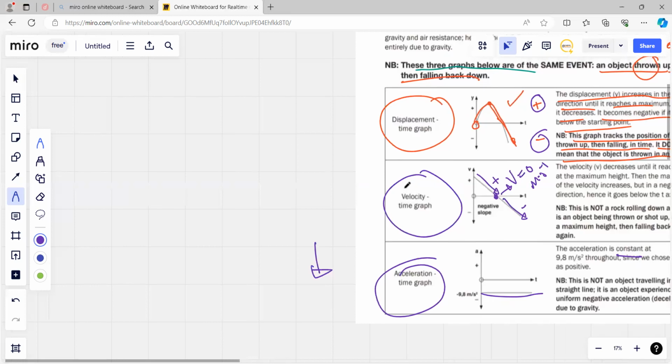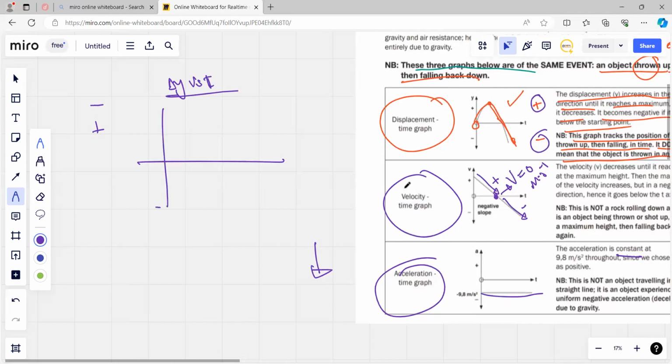So basically, here, if we choose upward to be negative and downward to be positive, the graphs are going to be opposite. If you check the displacement versus time graph, I'm just going to write it like this to save time, right? So what is happening is, if upward is positive, we're holding negative numbers here.